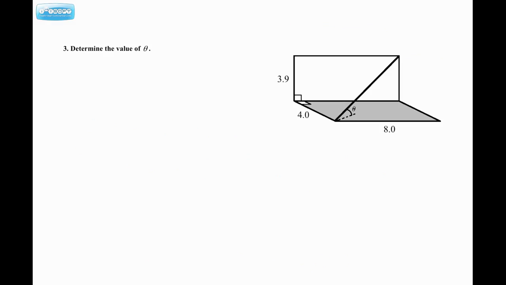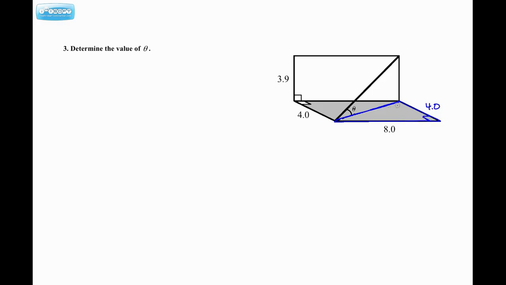Number 3, determine the value of theta. So that's this angle going up here, the angle of elevation. We have a rectangle that's standing up, and then we have one that is attached, but it's lying flat. So if that's 4, so is this. So I think I'm going to find this diagonal right across there, just like that. I know it doesn't look it, but this is 90 degrees.